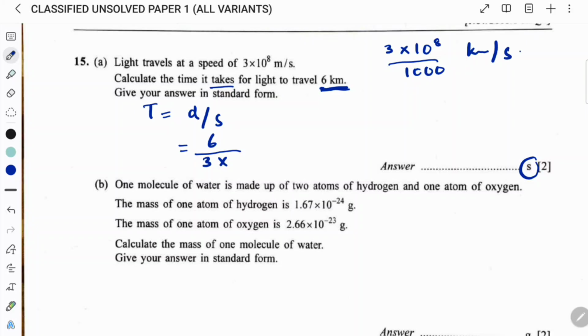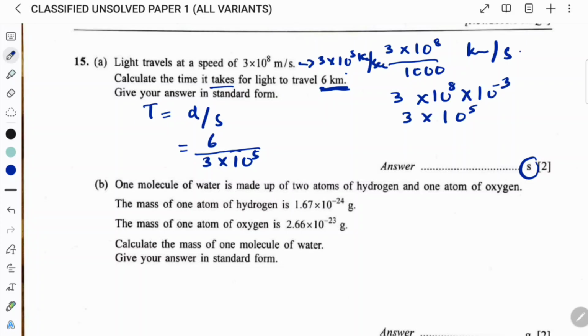So 3 into 10 to the power of 8 and into 10 to the power minus 3, because 1000 is 10 to the power minus 3. 3 into 10 to the power 8 minus 3 is 5. Okay, 10 to the power of 5. When we change 3 into 10 to the power 8 meter per second, it will be 3 into 10 to the power 5 kilometers per second.